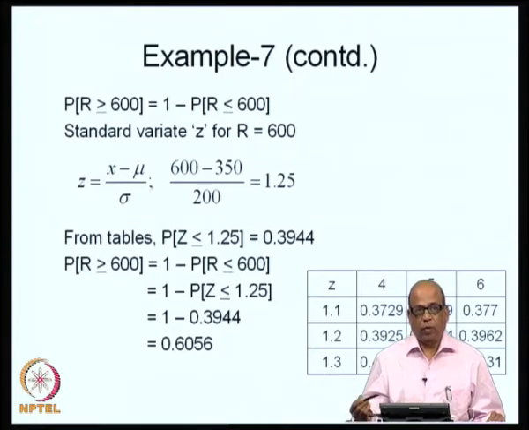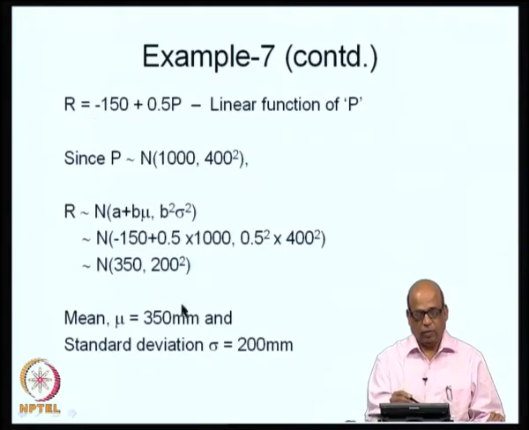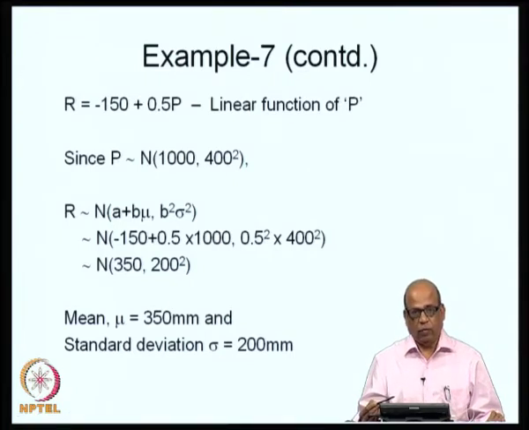Next, we are interested in the probability of R being greater than or equal to 600. Once we know that R follows normal distribution, for example, in the previous case what did we do? We said that R follows normal distribution with the parameters mean as 350 and standard deviation as 200. We can start talking about probabilities associated with the variable R, which is runoff in this case.